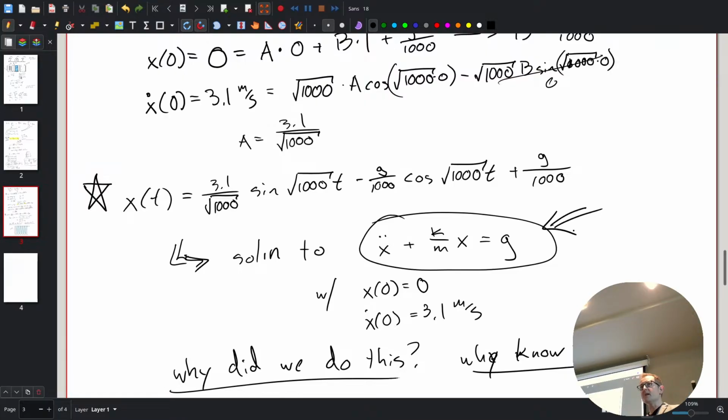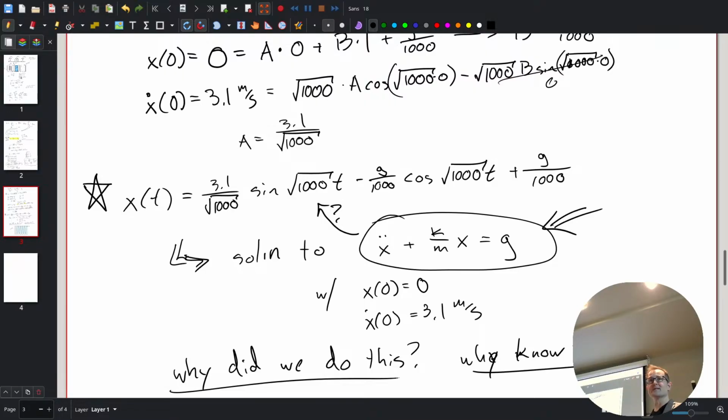To me, one of the biggest parts of this class is being able to get to this equation. Whether you can go from here to here, there are lots of ways to get there. Today we looked at one of them, guess and check.